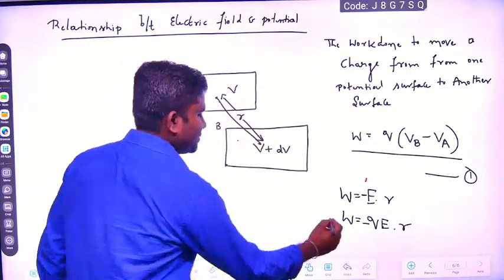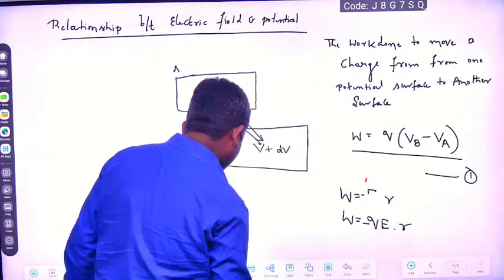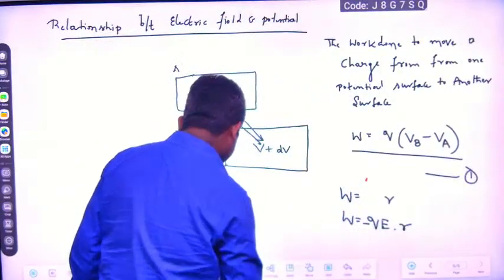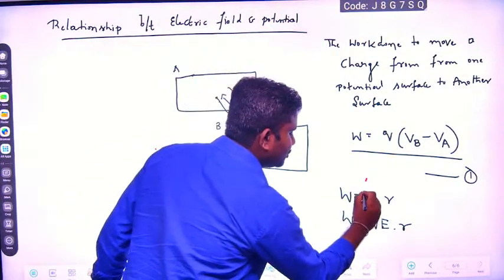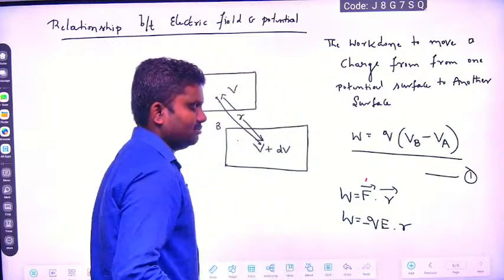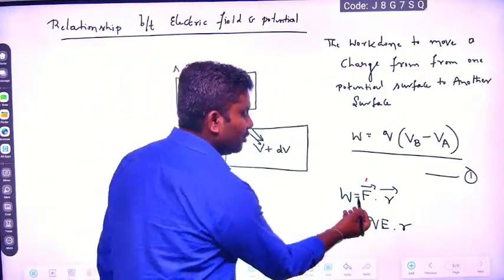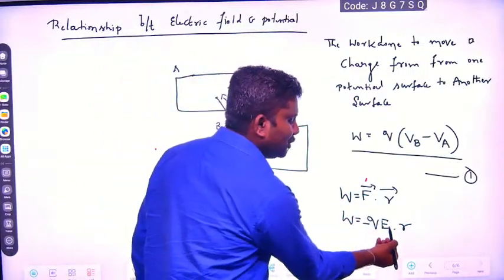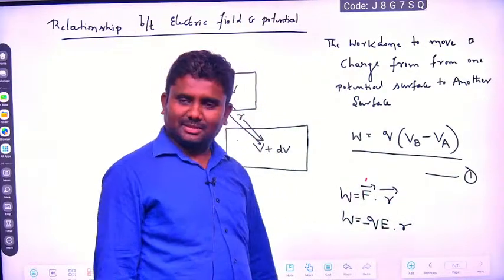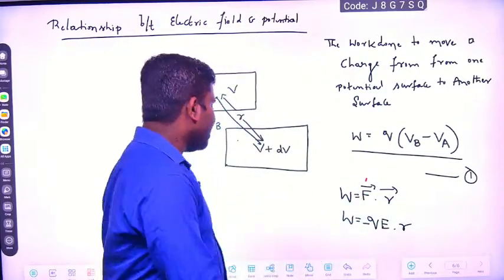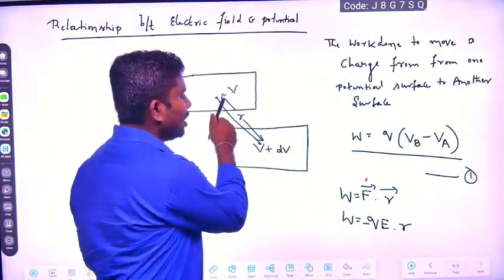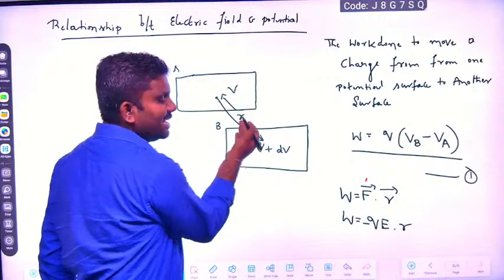Understood? What I am doing is simple. Work done is force into displacement. F vector dot R vector is W, if you want the vector form. Now force is Q into E, and R is the displacement. Whenever you want to move the charge, you are moving against the electric field.